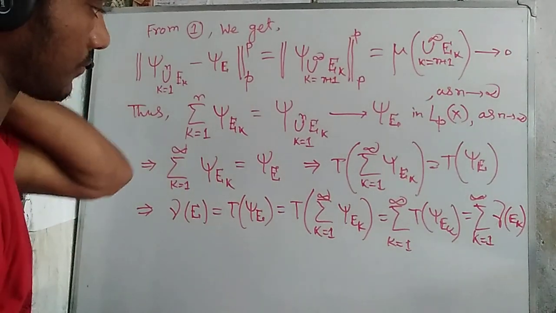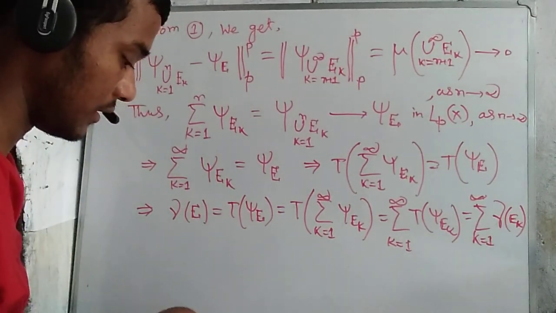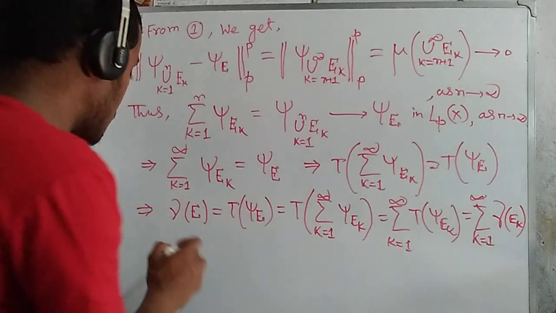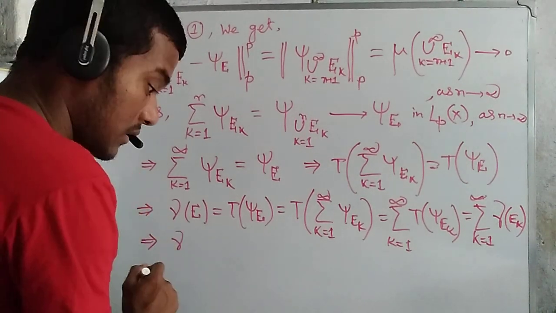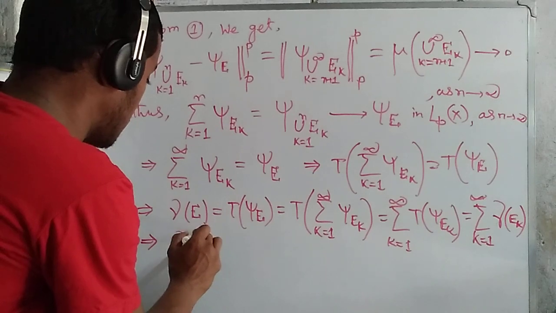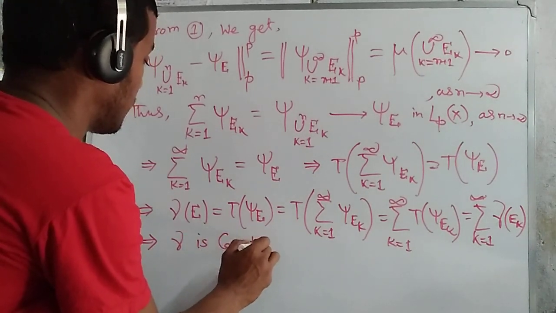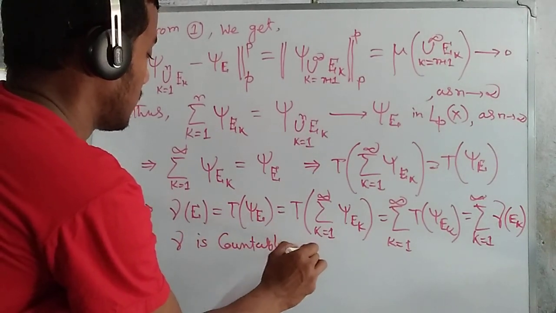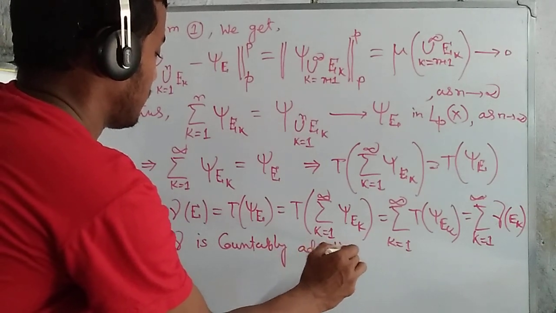Then gamma of E equals this one. So this implies that gamma is countably additive, okay.